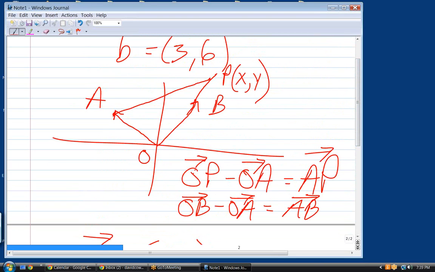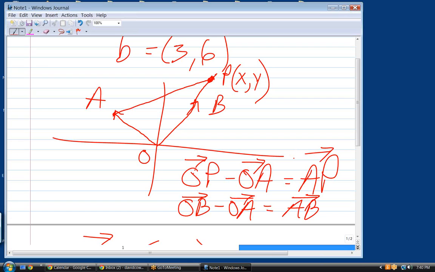In other words, I'm just saying P is some point on the extended OB vector. So the coordinates of OP are x, y.